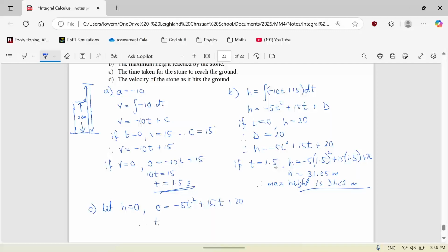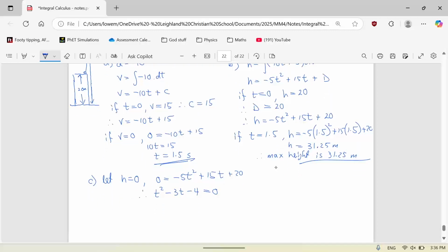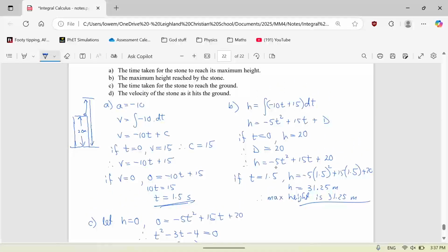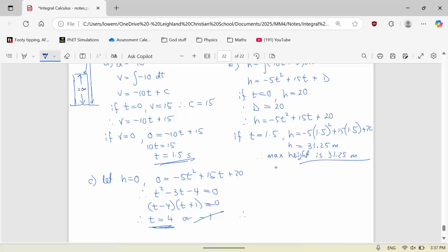So then t squared minus 3t minus 4 equals 0. If we factorise that, we'll have t minus 4 times t plus 1, which means that t must be equal to 4 or negative 1. Clearly, we're not going to have a time of negative 1, so this is our time for it to reach the ground. The question says time taken for the stone to reach the ground. It's going to be 4 seconds.